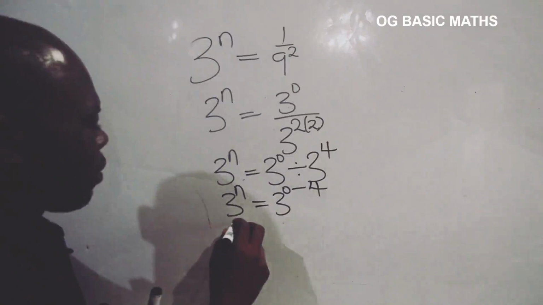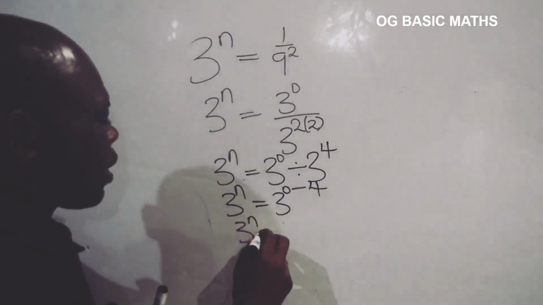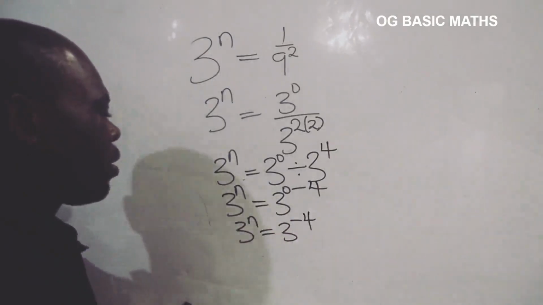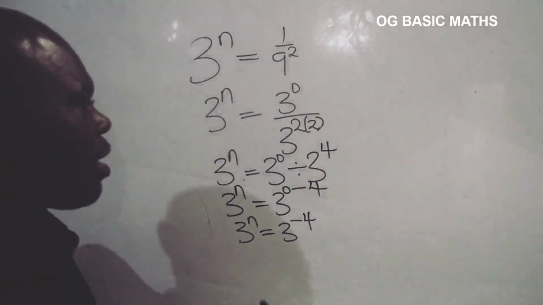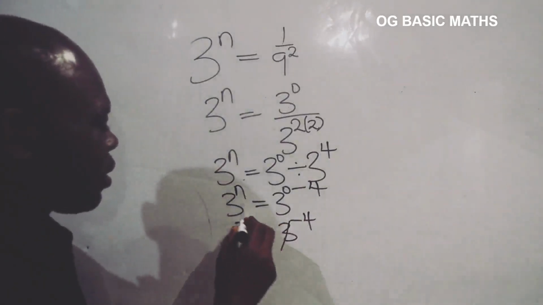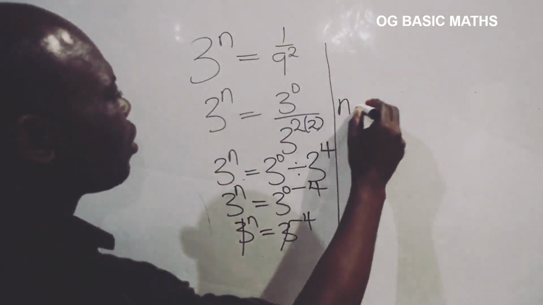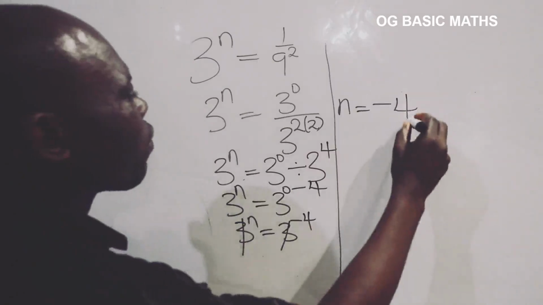And we have 3 raised to the power of n to be 3 raised to the power of minus 4. And since they have a common base, we take this and this out. So what we have left here now is that n equals negative 4.